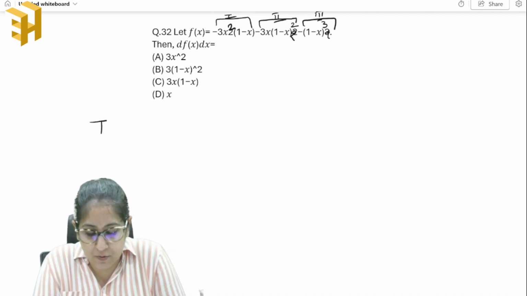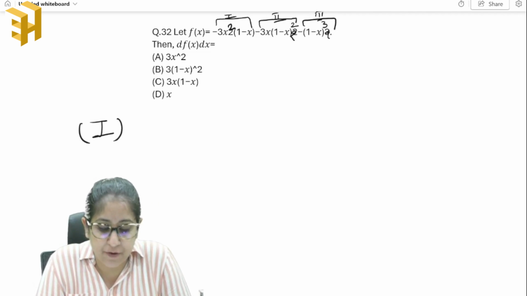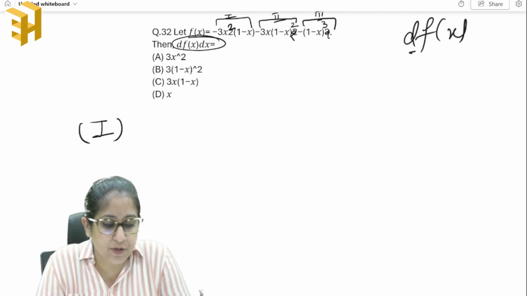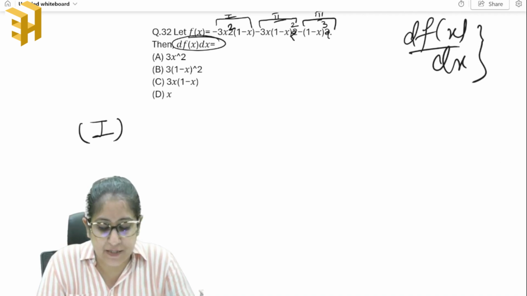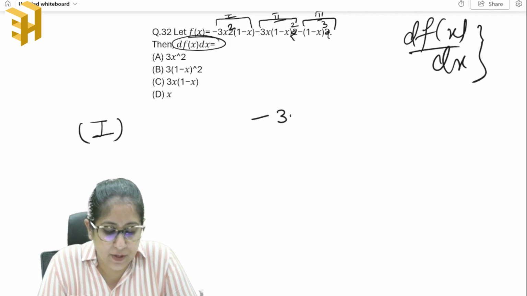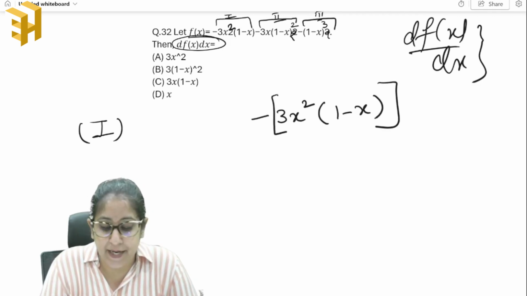Let's start with part 1. Here we have to differentiate the function df(x) with respect to x, right? It is minus 3x square into 1 minus x. So a product rule will be applied here.